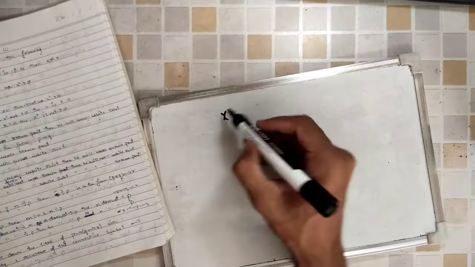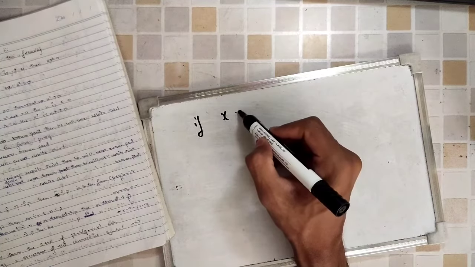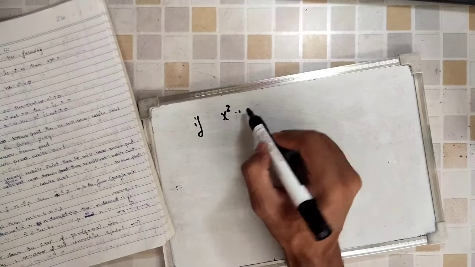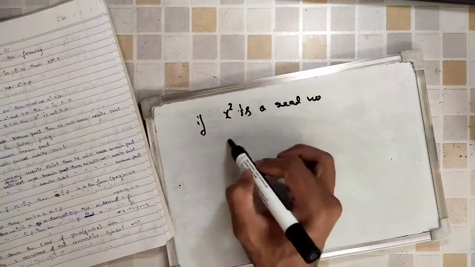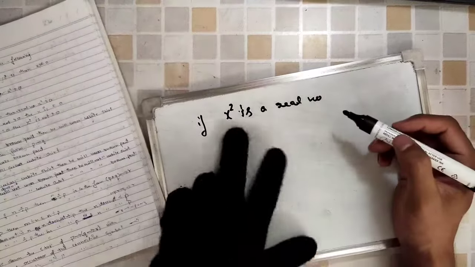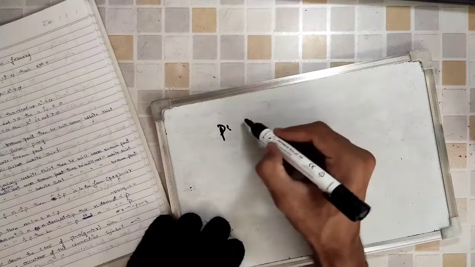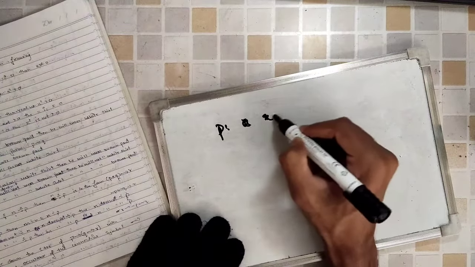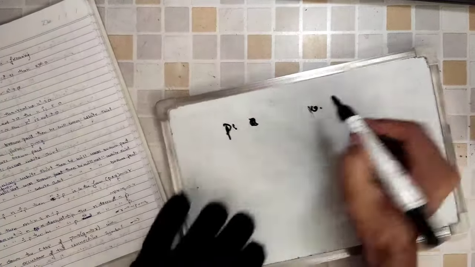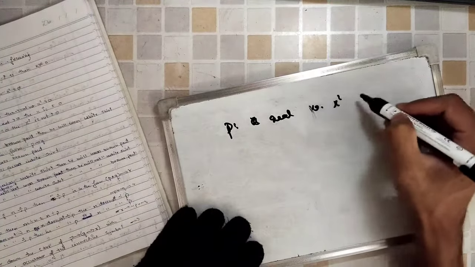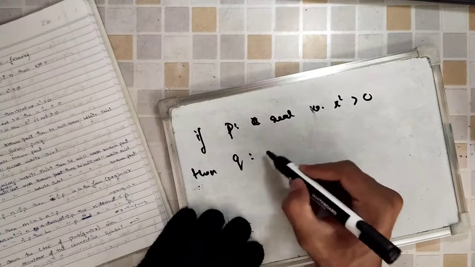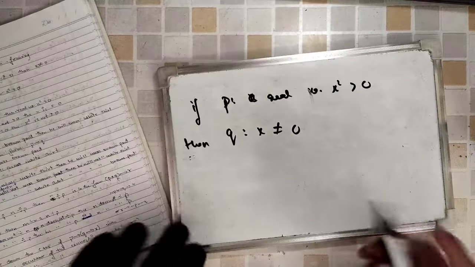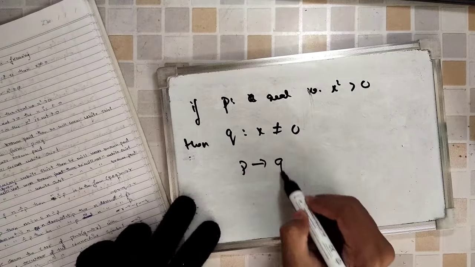So first they gave us one proposition: x is a real number, and x square is greater than 0, that is p. Then q: x is not equal to 0. If I write it like this, p implies q.